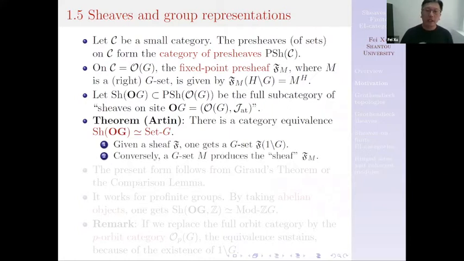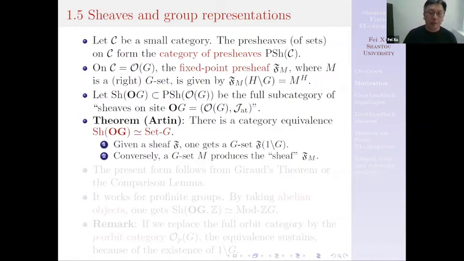And conversely, if you take a G-set, then you can build the fixed point presheaf, and then you have the proof that the fixed point presheaf is actually a sheaf. Then you will see that these two constructions, or two functors, are mutually inverse to each other.